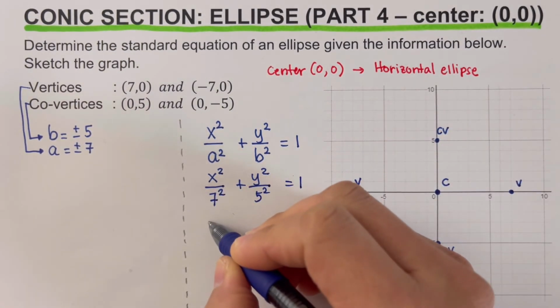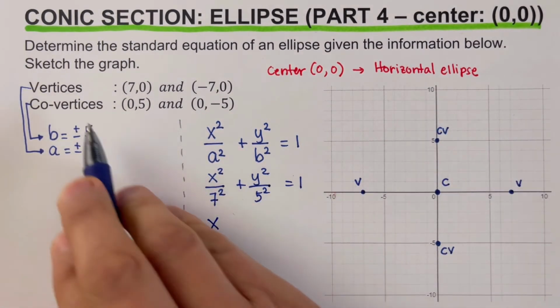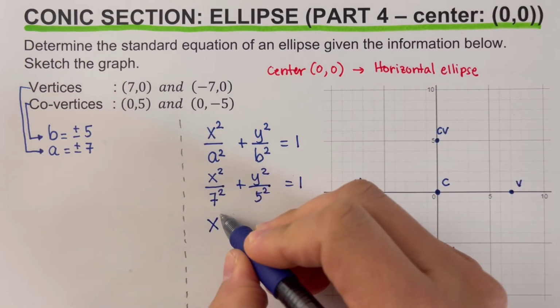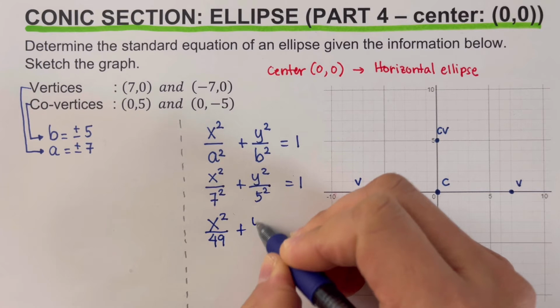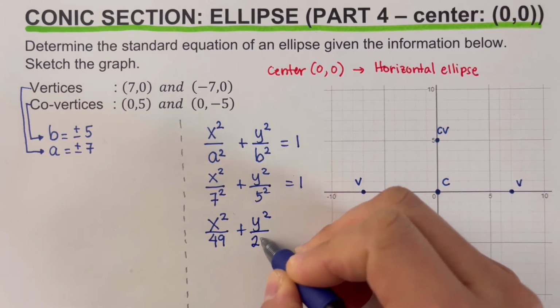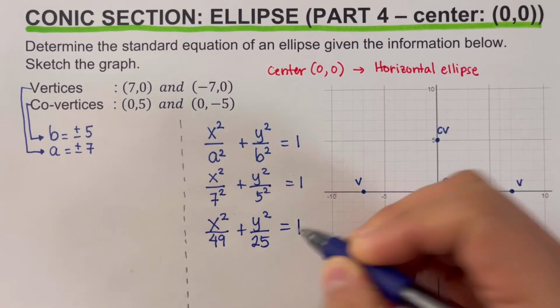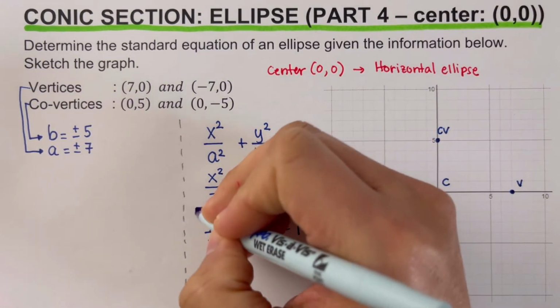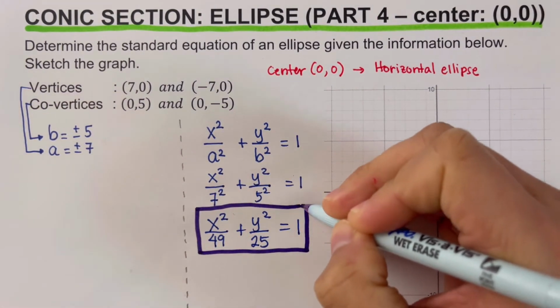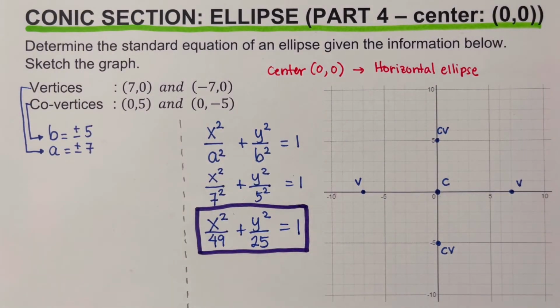So then we can say that the equation for this problem is x squared over 49 plus y squared over 25 equals 1. This is the equation of this ellipse given these conditions. Now we can go ahead and sketch the ellipse right here.